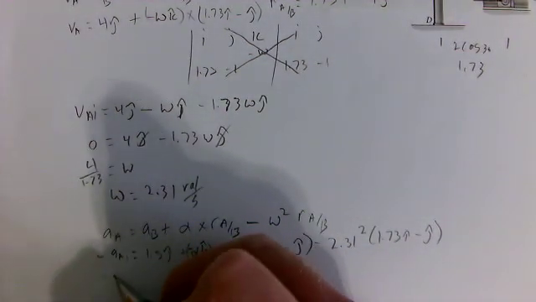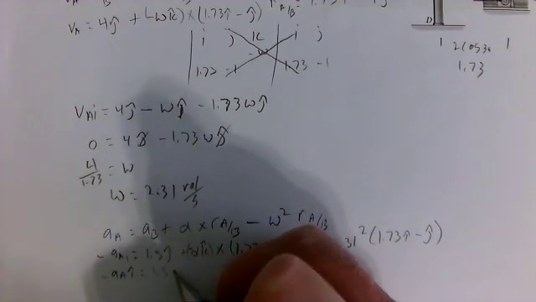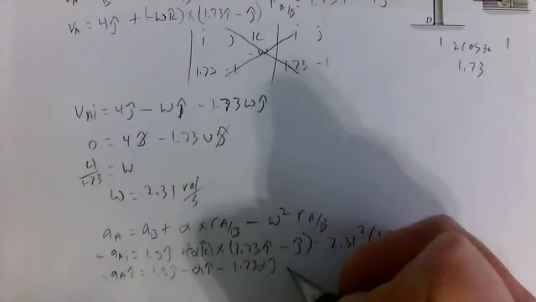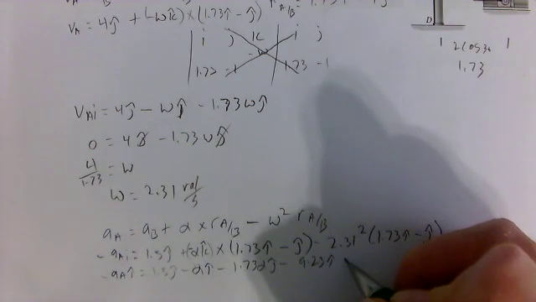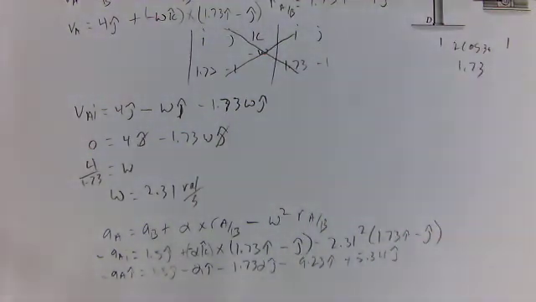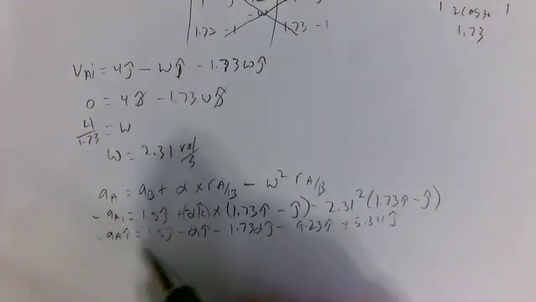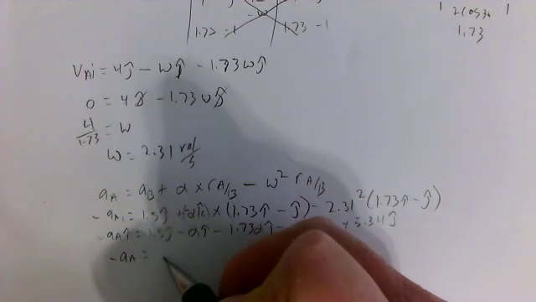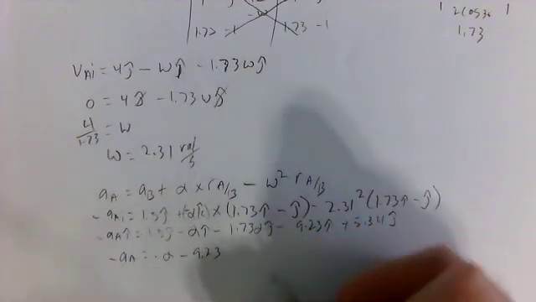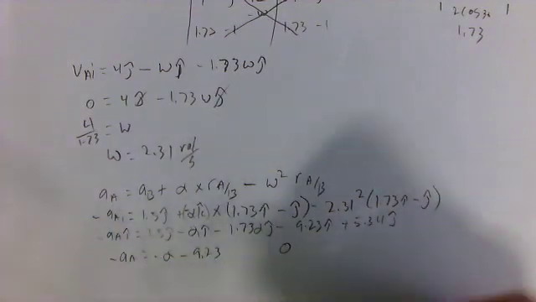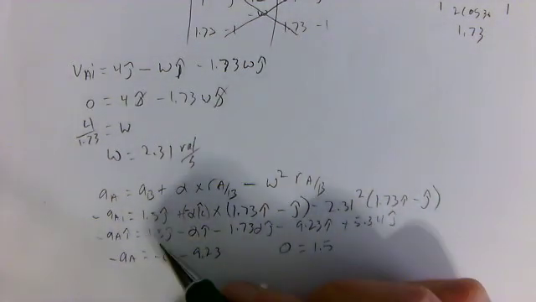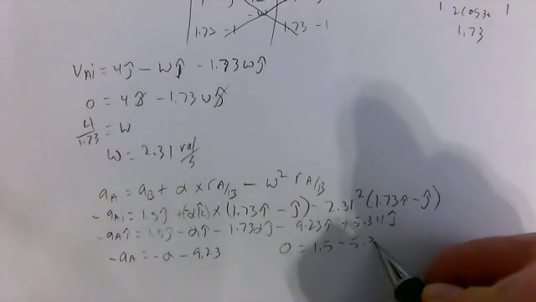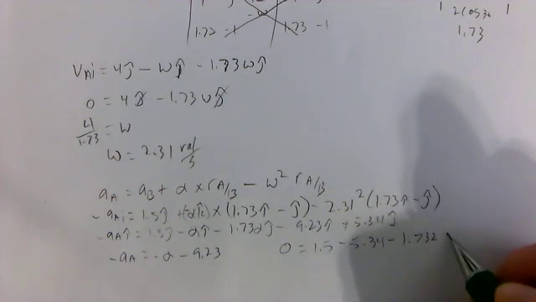So negative AA in the I equals 1.5 in the J minus alpha in the I minus 1.73 alpha in the J minus 9.23 in the I plus 5.34 in the J. Gathering the I's and J's, in the I's we have negative AA equals negative alpha minus 9.23, and in the J's we have 0 equals 1.5 minus 5.34 minus 1.732 alpha.